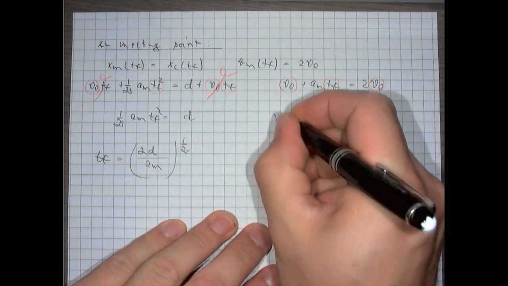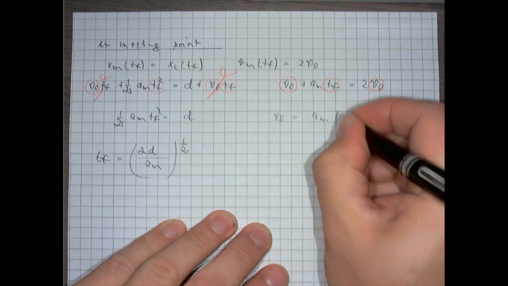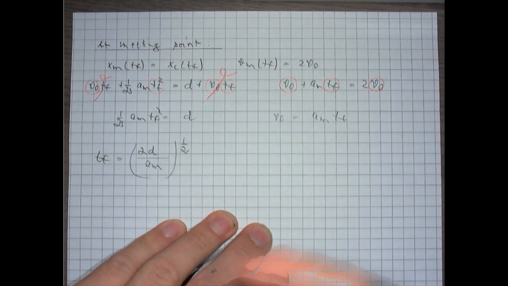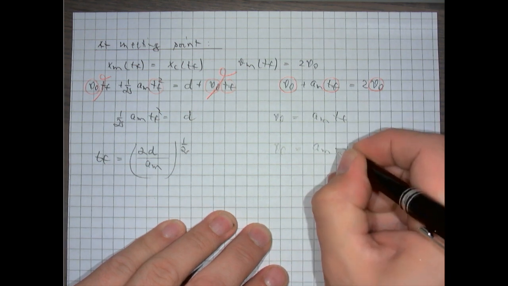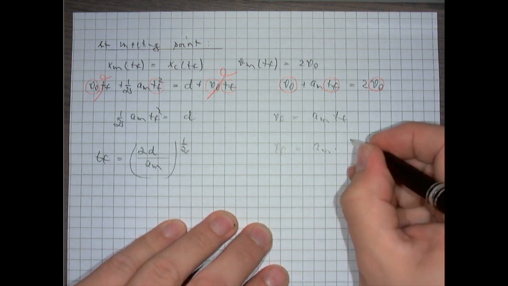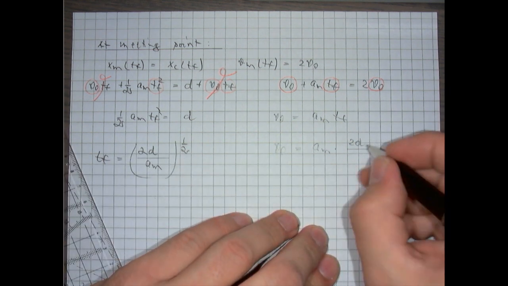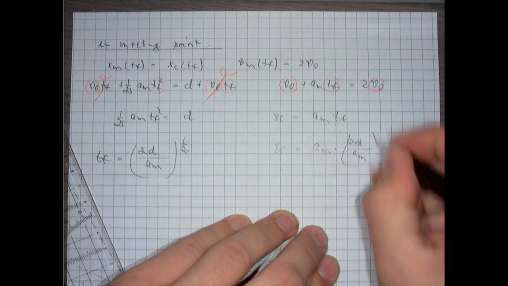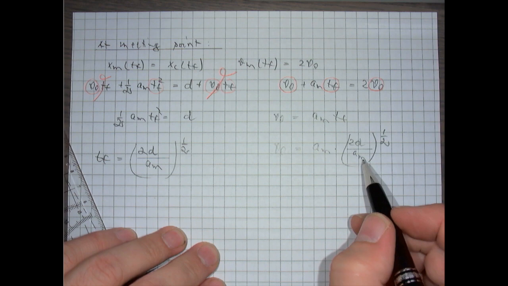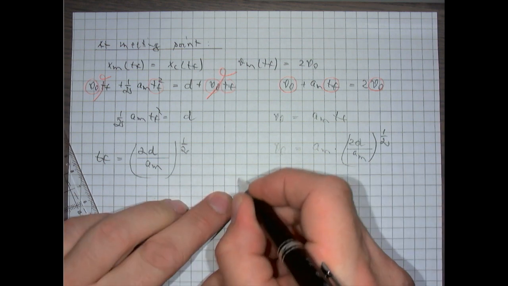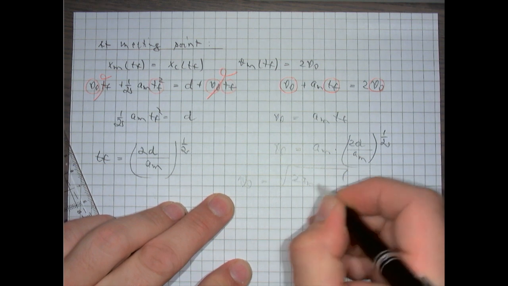So then we have here v naught equals am tf, and therefore we have v naught equals am times the square root of 2d divided by am, and am divided by the square root of am is the square root of am, so therefore we have v naught equals the square root of 2 am d.